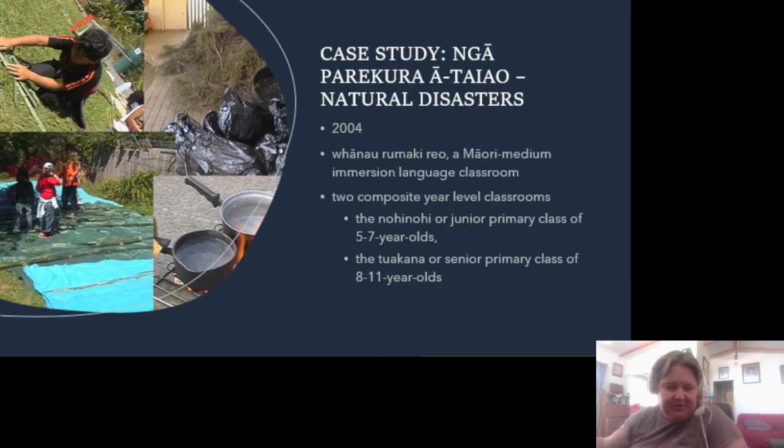Okay, now on to the fun bit. For this specific case study, it was originally taught in the classroom in 2004 in a whānau makireo that consisted of the nohi nohi class, which were year 1 to 3 students, 5 to 7 year olds, and the tuakana class of students that were 8 to 11 year olds, or year 4 to 7.